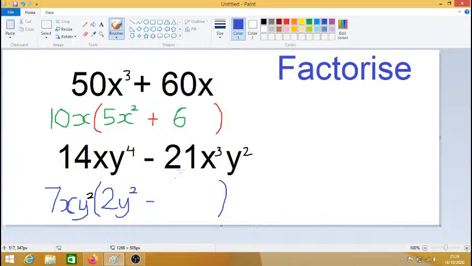And now looking at the 21x cubed y squared. Starting with the 7 and times that by 3. That will help me make it up to 21. The x will not be enough to make x cubed. I'm going to need x squared. And then y squared is enough, so I don't need any more y to make it up to the y squared. Okay, and then you can just check your answer.